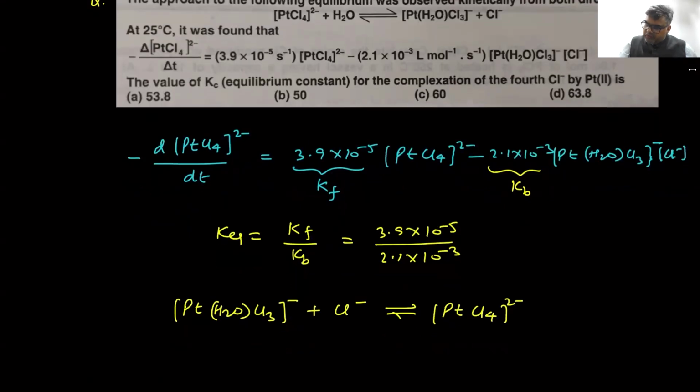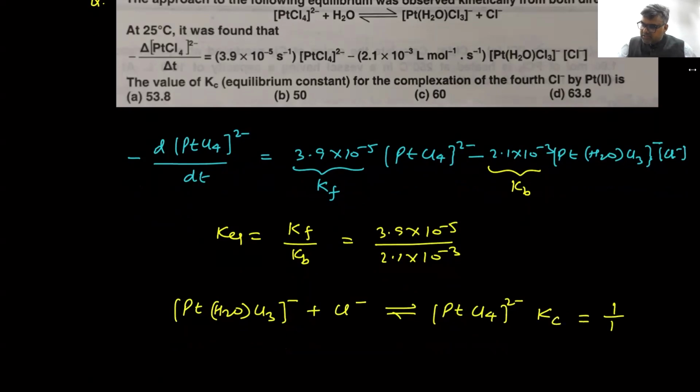For this reaction, if you have to write the equilibrium constant, it will be 1 upon the equilibrium constant of the previous expression, because the reaction is reversed. Let's say I write Kc for this, because Kc is asked in the question.